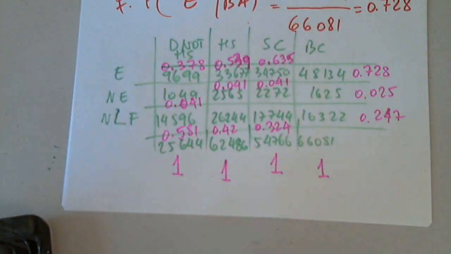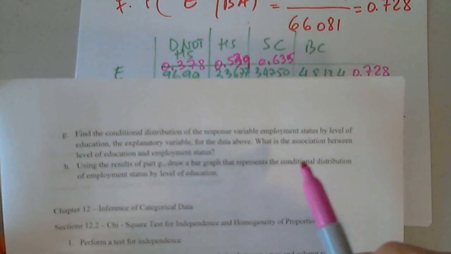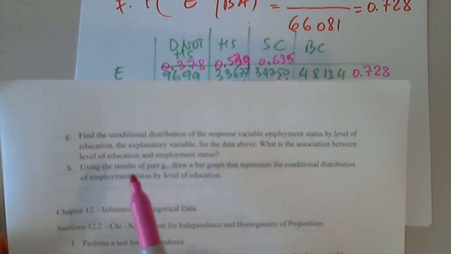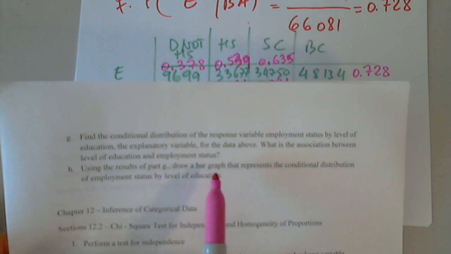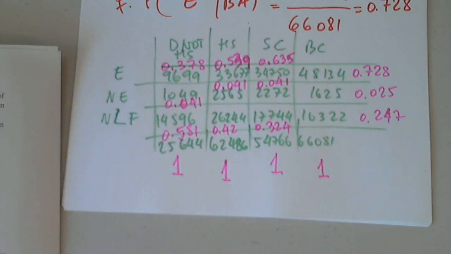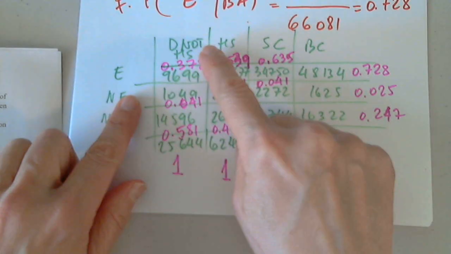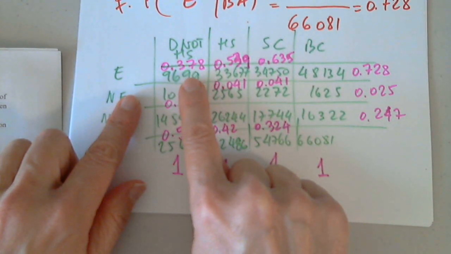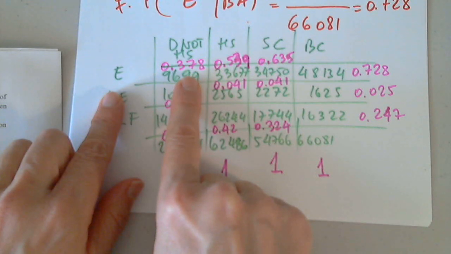Okay, so now let's answer the question. What is the association between level of education and employment status? So let's take a look. For those who did not finish high school and are employed, 38%.